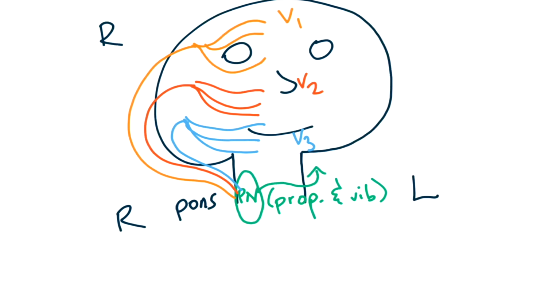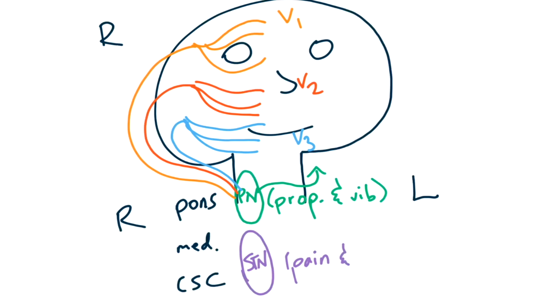On the other hand, pain and temperature information travels to the spinal trigeminal nucleus, which is in the medulla and the cervical spinal cord. So medulla and cervical spinal cord. We have the spinal trigeminal nucleus. This nucleus is responsible for information about pain and temperature.